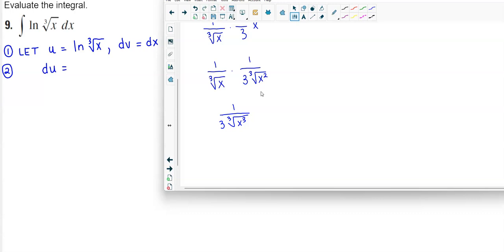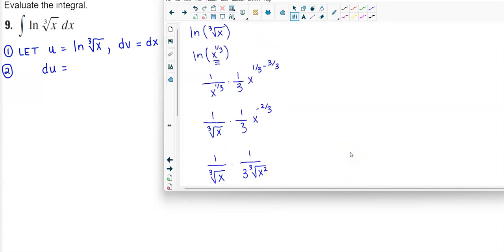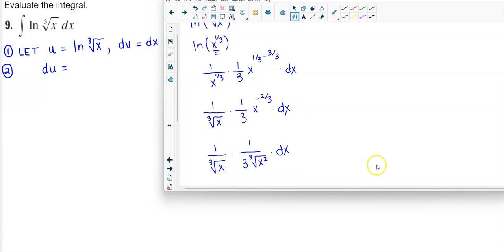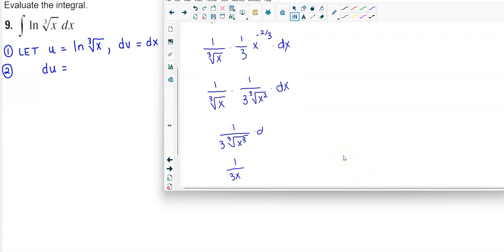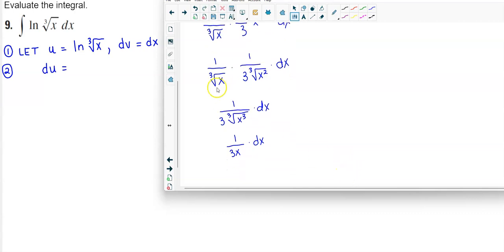And the cube root of x cubed is x, so this is going to be 1 over 3x. Now keep in mind here that when I take the derivative of each one of these, it's times dx. So the derivative is going to be 1 over 3x dx.